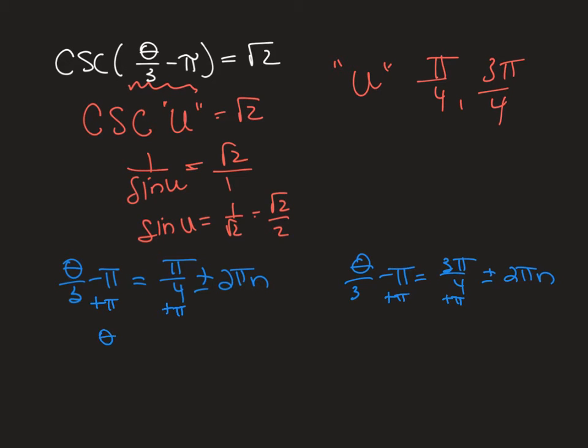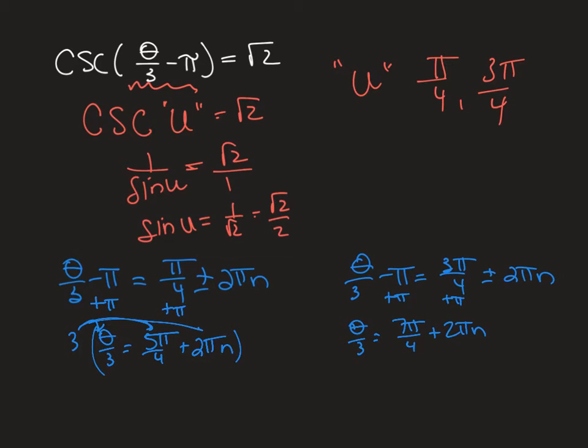So you've got theta over 3 equals 5 pi over 4 plus or minus 2 pi n. I'm just going to stop writing the or minus part. And then theta over 3 equals 7 pi over 4 plus 2 pi n. Now, the 3, you are allowed to multiply by everything in there.